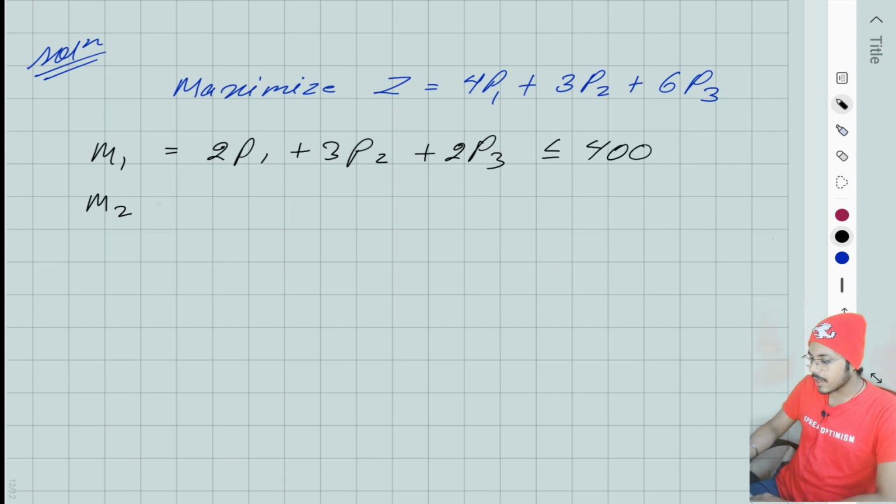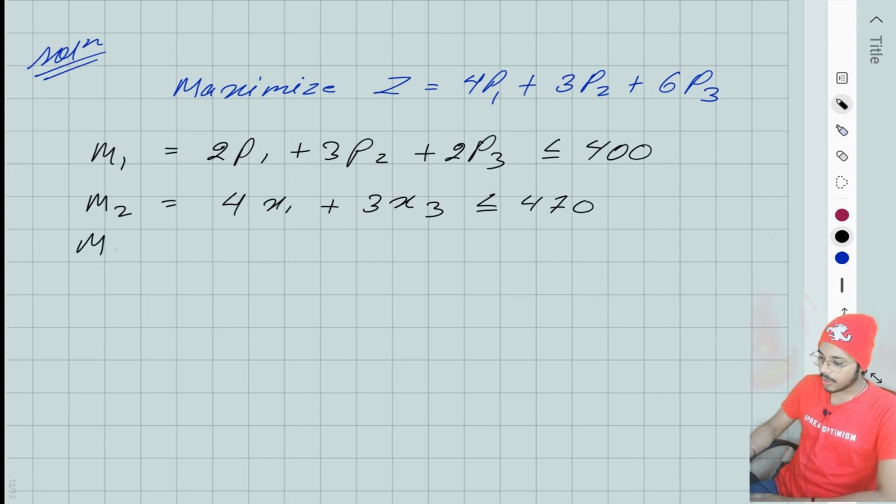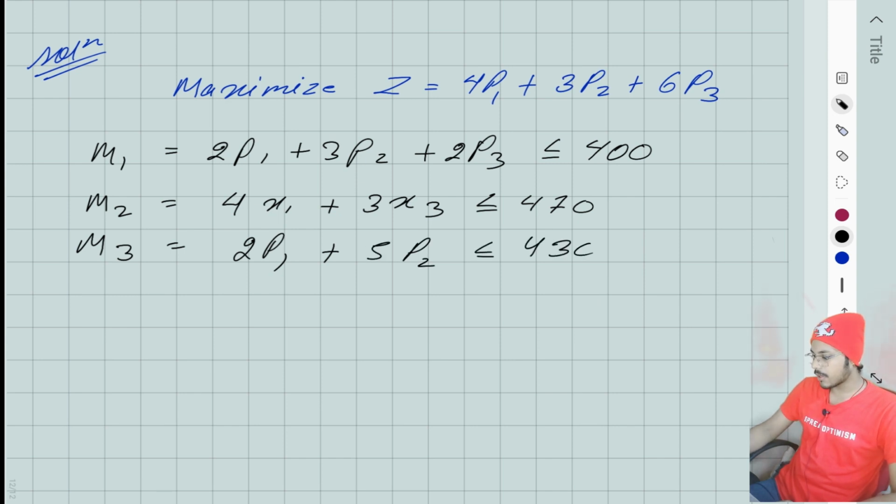And for M2 similarly you put and find. Pause, find, then see. I am writing for you 4p1 plus 3p3 less than or equal to 470. Pause, then see. This is 2p1 plus 5p2 less than or equal to 430.